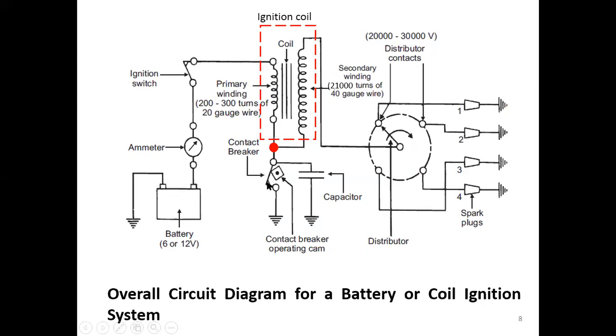With the contact breaker open, the current here will drop, so the secondary winding will have the high voltage, 21,000 turns, and then go into the distributor. The voltage is about 20,000 to 30,000 volts as shown here, and makes the electricity go over the spark plug here.